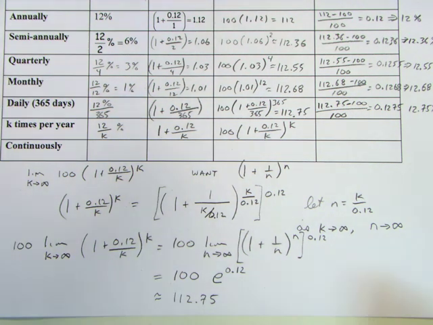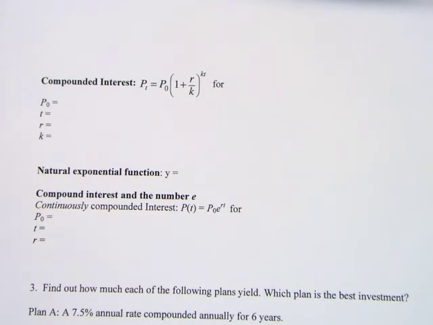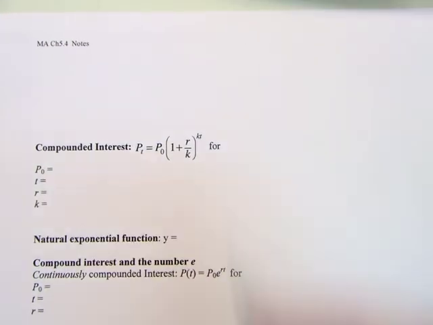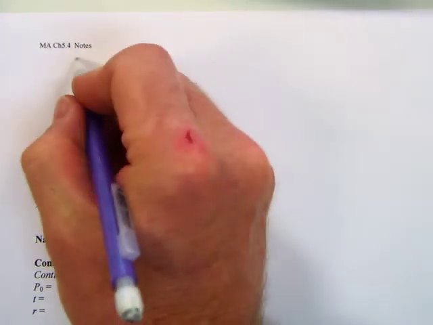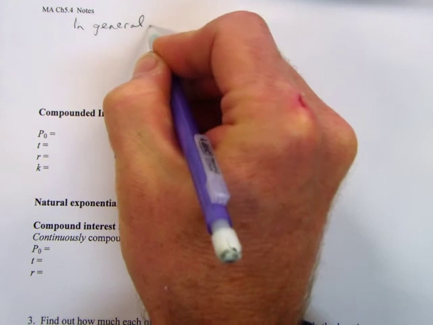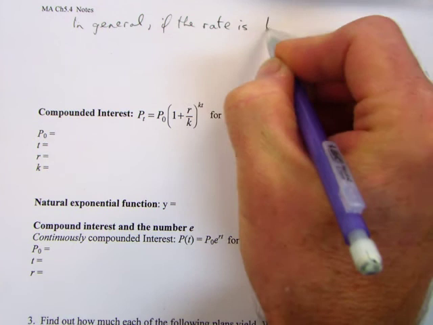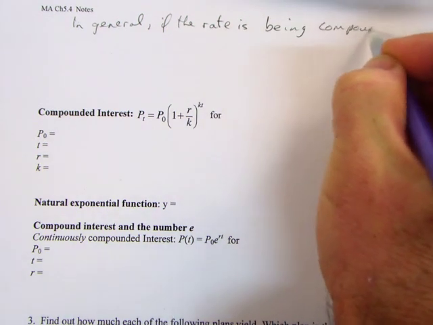So let's summarize as to what is going on. I can look at that part right there that we just did. In general, if the rate is being compounded continuously.